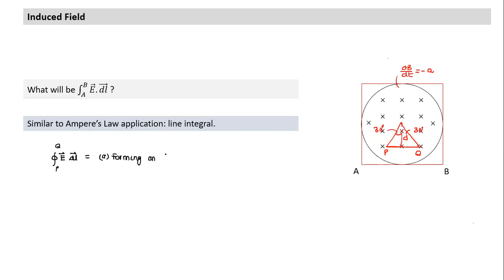Any other method we can think of? What happens if I take this loop itself, O to P? Because to apply Faraday's law, I need to have a loop. What if we form a loop OPQ?